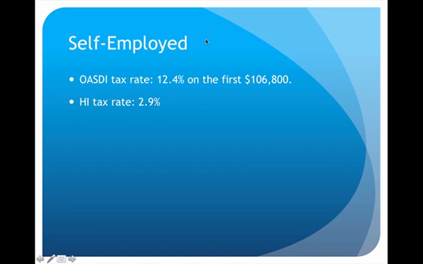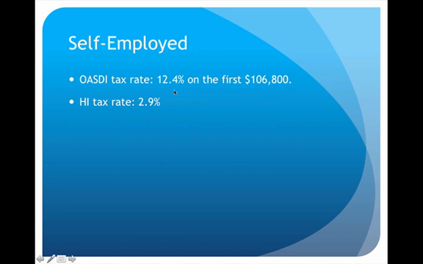Now, another problem with these types of taxes has to do with people who are self-employed. You'll notice that on both the OASDI and the HI tax rates, it was the employee contributing as well as the employer matching. Well, what if you're self-employed? You don't have anyone to match. So as a result, self-employed individuals have to actually double up on the rates.